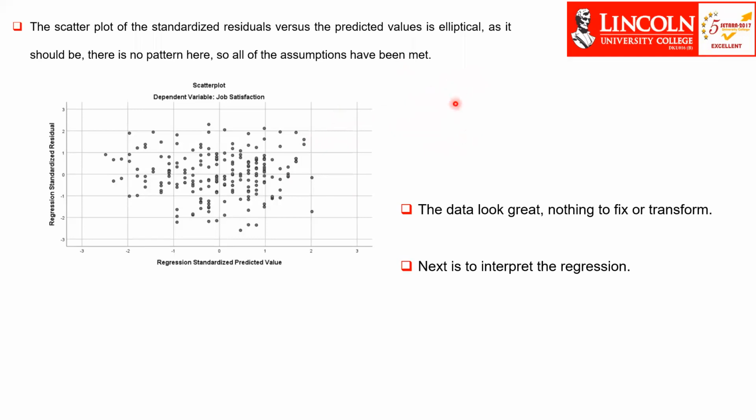Okay, so if you look at this, you see that it doesn't follow any form of shape or any particular pattern. So the data looks great, nothing to fix or transform. So next is to interpret the regression.